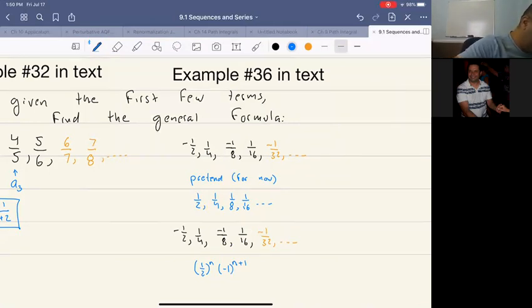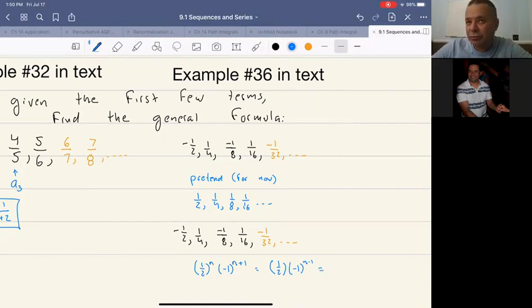Let me just see. I think they put in a plus 1. Now it doesn't really matter because it would be the same thing. So if I put 1/2 to the negative 1 to the n minus 1, that's also the same thing.